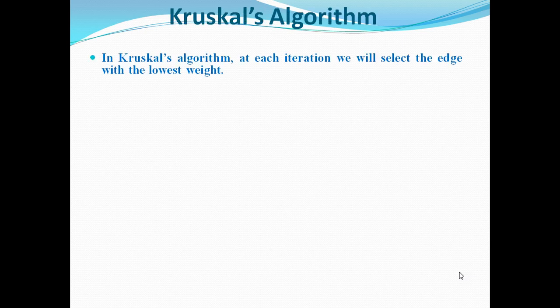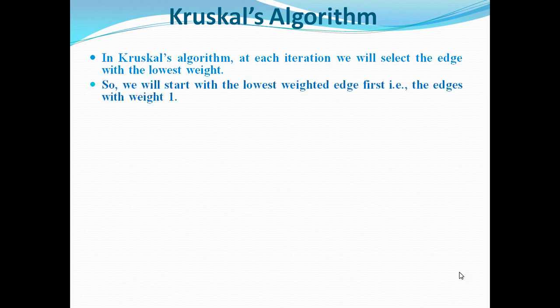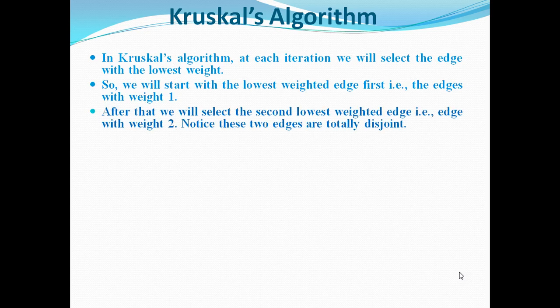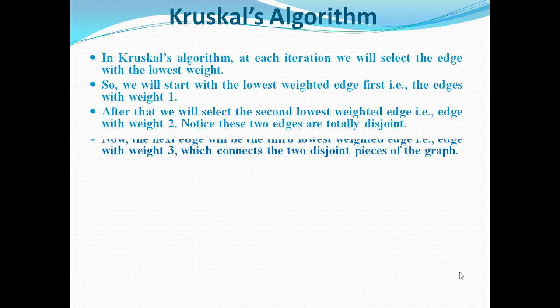So by this explanation you can check that in Kruskal's algorithm, at each iteration we select the edge with the lowest weight. We start with the lowest weight edge, that is 1. So in the previous example we started with 1. Then we select the second lowest, that is 2.